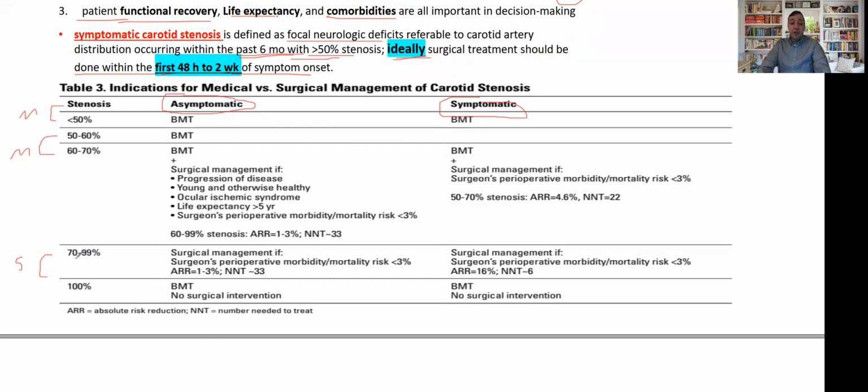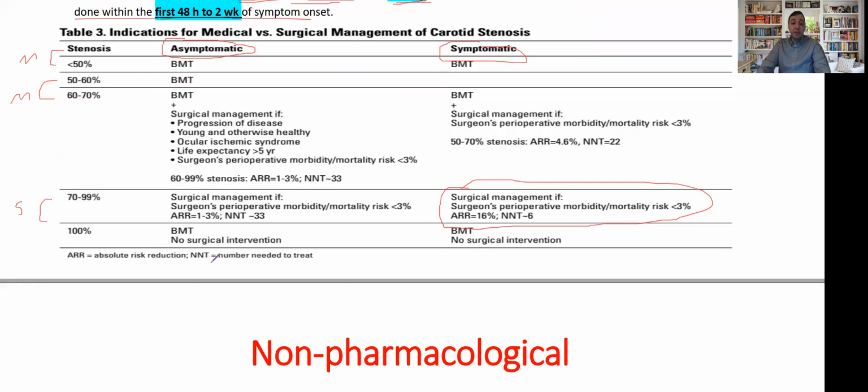Our patient here has 70 to 99% stenosis and is symptomatic. So surgical management if the surgeon's perioperative morbidity and mortality risk is less than 3%. I think this is the best treatment option for our patient, alongside best medical therapy.